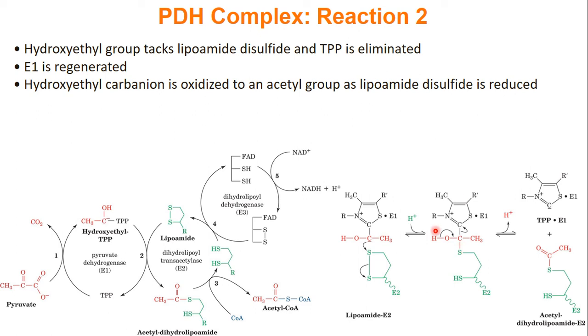TPP is removed along with an acidic hydrogen, and we're left with our new intermediate, hydroxyethyl carbanion. And that is giving us this acetyl group on lipoamide disulfide. So we no longer need enzyme 1. That's gone. Now we have our 2-carbon unit attached to E2.